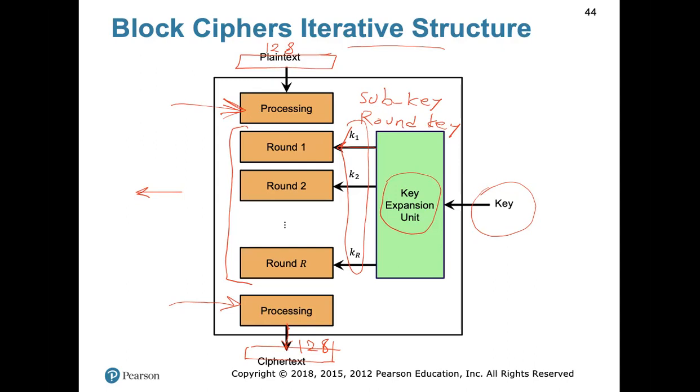Each subkey is used for one round, because you don't want to use the same key every time. Otherwise it's not helpful, and it doesn't fulfill both confusion and diffusion. That's why we extract round subkeys out of the main key, so we can get the most out of confusion and diffusion.